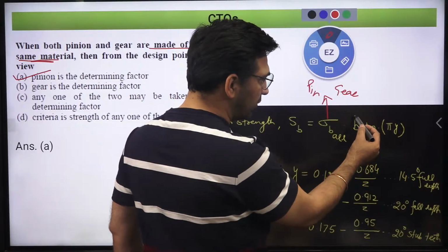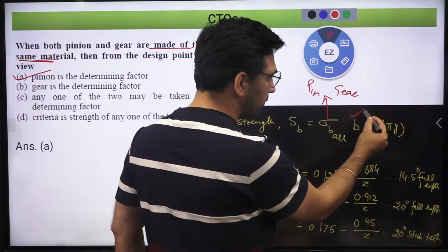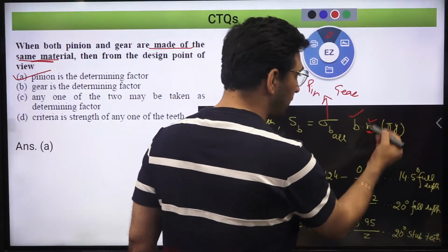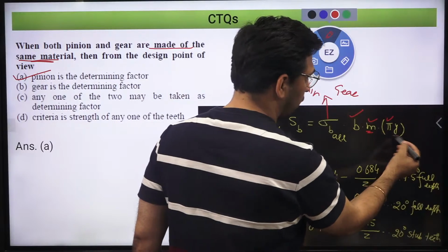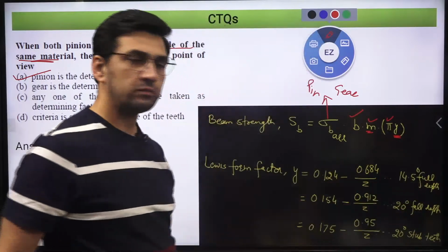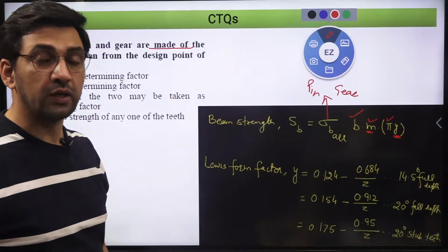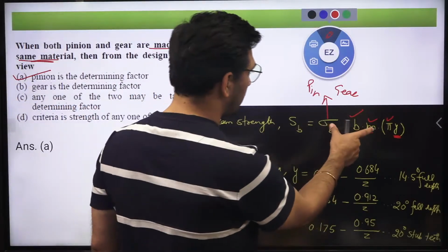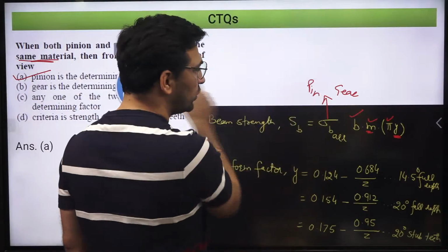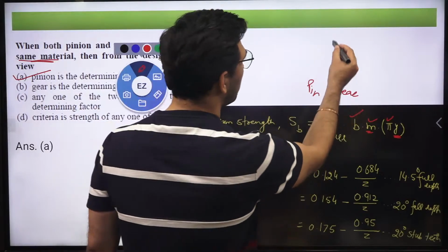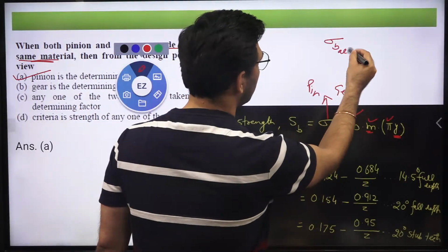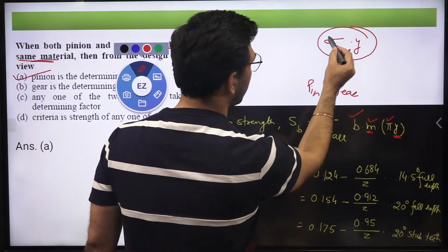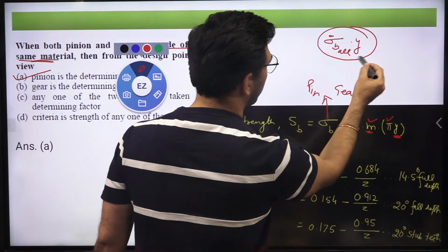Irrespective of whether the material is same or different, the width of the gear should be the same, the module should be the same, pi is constant, but y again will depend upon the number of gear teeth. So the deciding factor, that is which one of these two is going to be weaker, will be the combination of sigma b allowable and y, because for gear and pinion, this is different and this is also different.